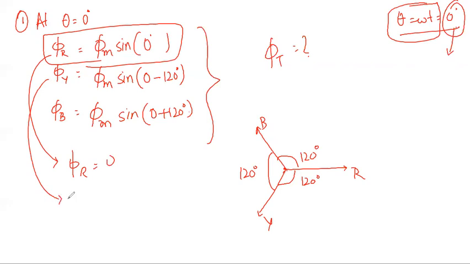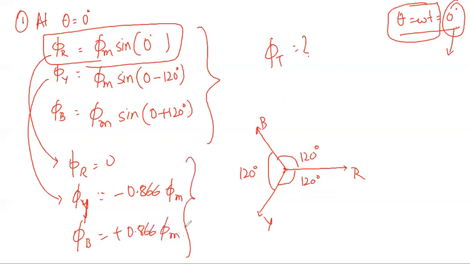And what is phi Y? Phi Y is said to be minus 0.866 phi M. Phi B is said to be plus 0.866 phi M, that is to be present there. So after substituting theta equals 0, I'll be getting 0, minus 0.866 phi m and plus 0.866 phi m, which is being present there.